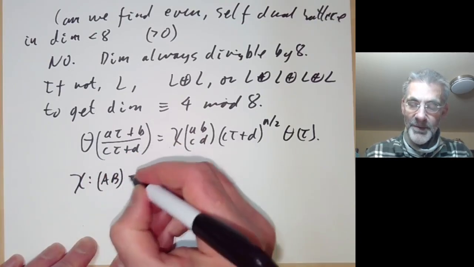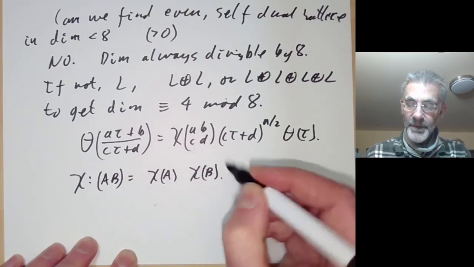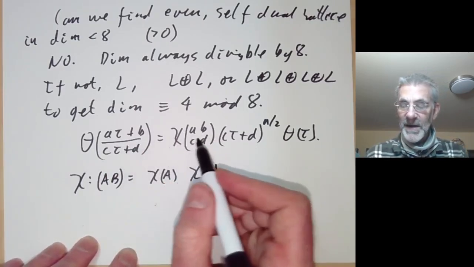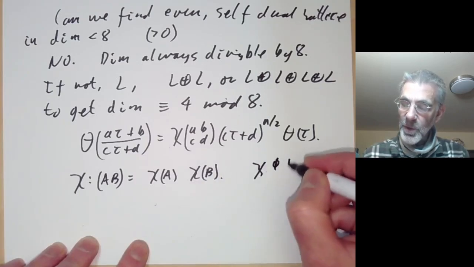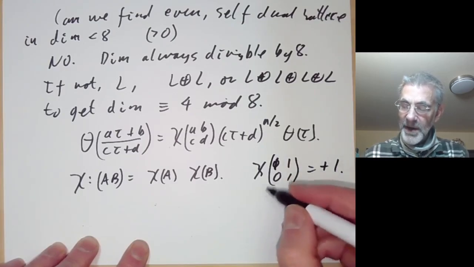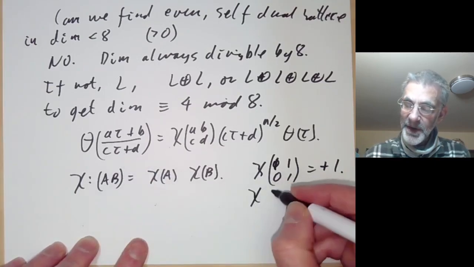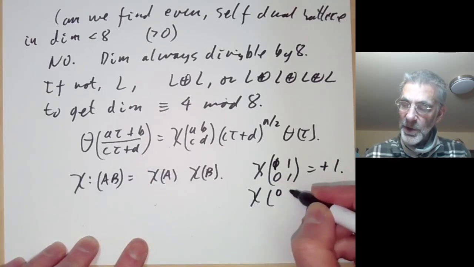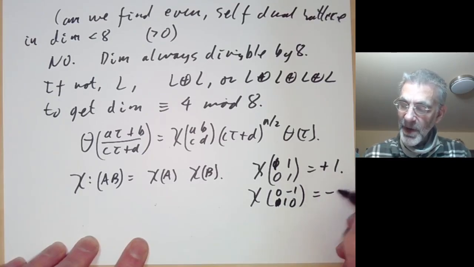So chi of a b must be chi of a times chi of b. And we know what chi is for two matrices. First of all, chi for the matrix 1, 1, 0, 1 must be plus 1 because theta is invariant under tau goes to tau plus 1. Secondly, we know that chi of the matrix 0, minus 1, 1, 0 must be equal to minus 1.